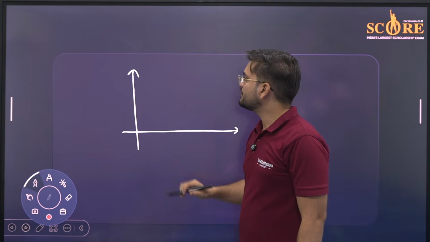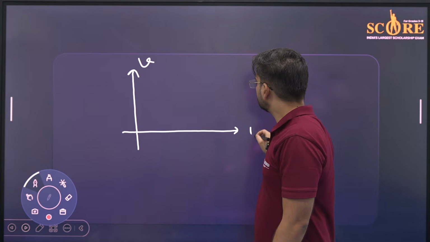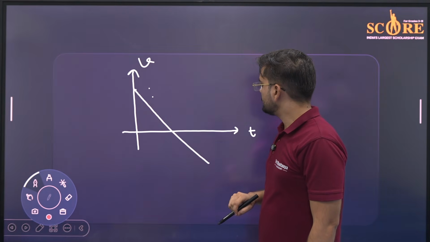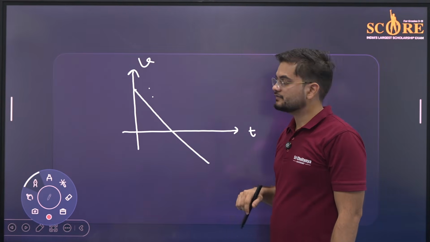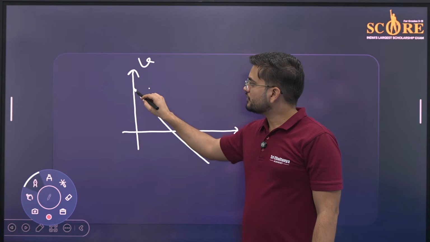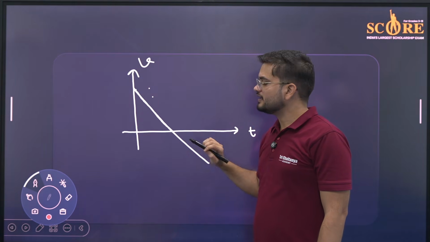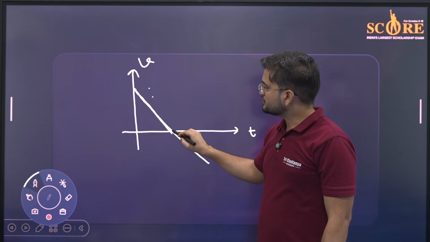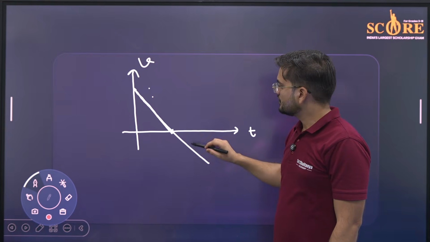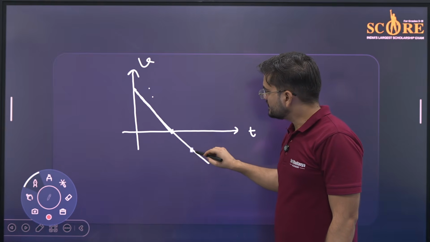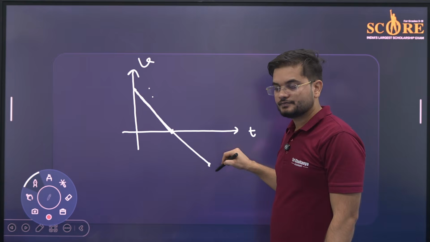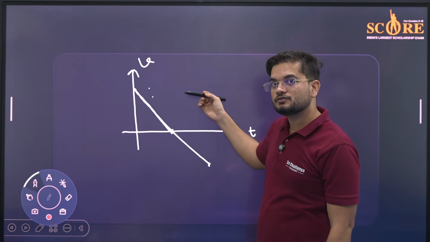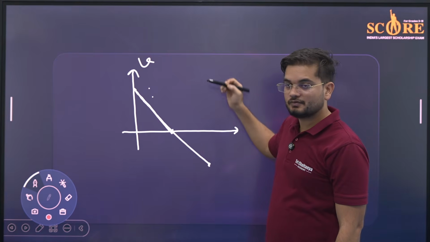speed versus time curve in motion under gravity. We have drawn the velocity versus time graph like this. So velocity will be equal to speed if it is positive. So up to this point, speed and velocity will be the same. Now after this point, as velocity becomes negative, if velocity is -2 then speed will be +2, velocity is -3 then speed will be +3.